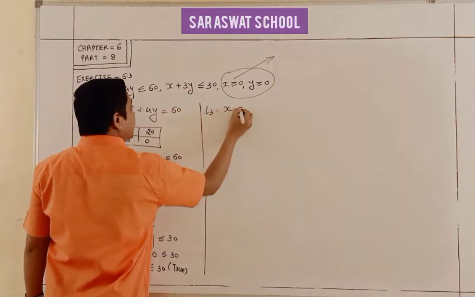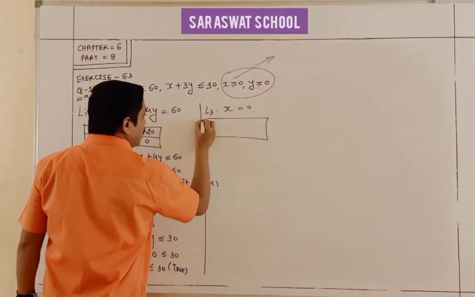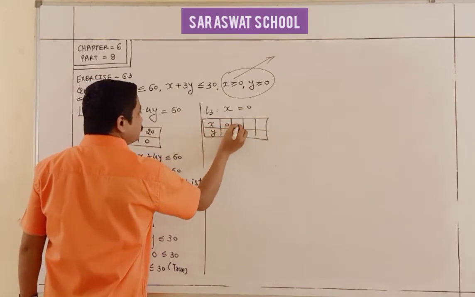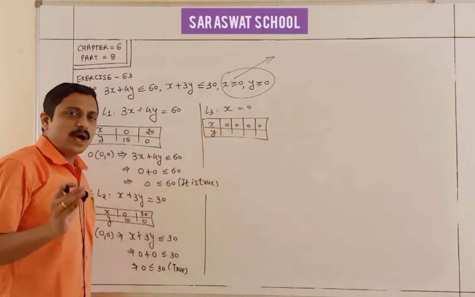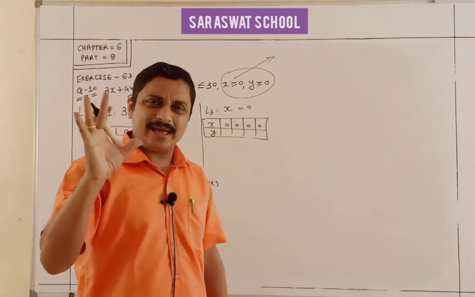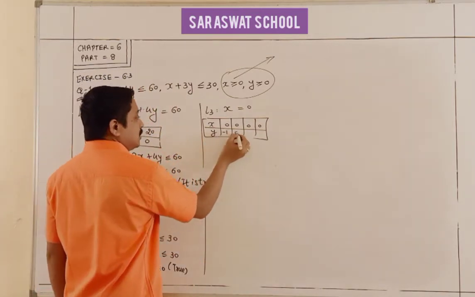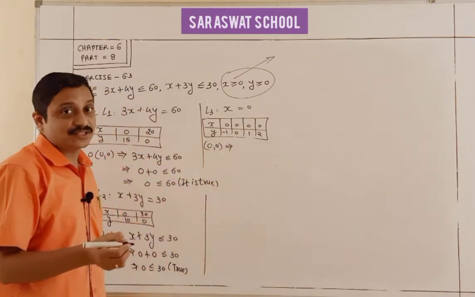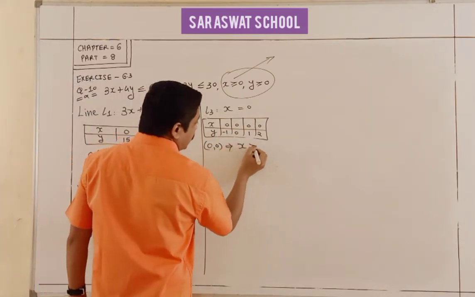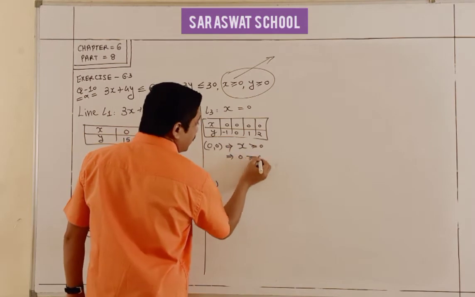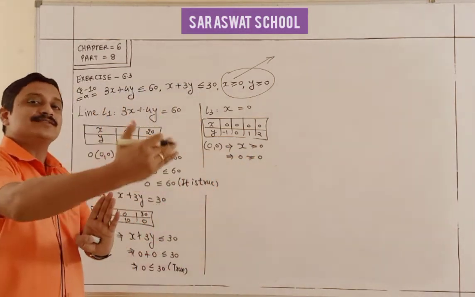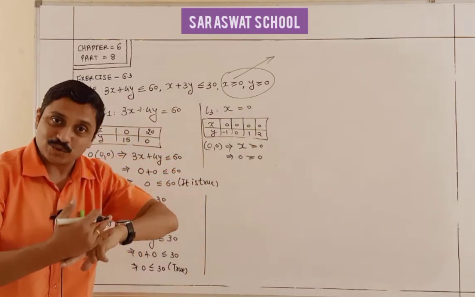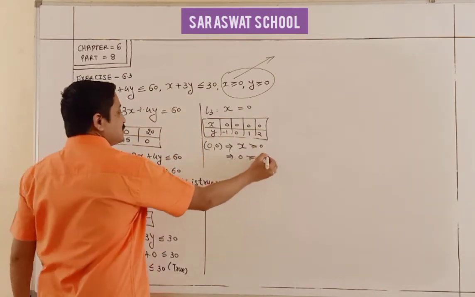And now I go to the L3 and L4 lines. L3 line: x equal to 0. Anyhow, your x value is 0. Take any y as you like: minus 1, 0, 1, 2, and check 0, 0. X greater than or equal to 0 is surely going towards the first quadrant. Y greater than or equal to 0 is also going towards the first quadrant, and it is true.